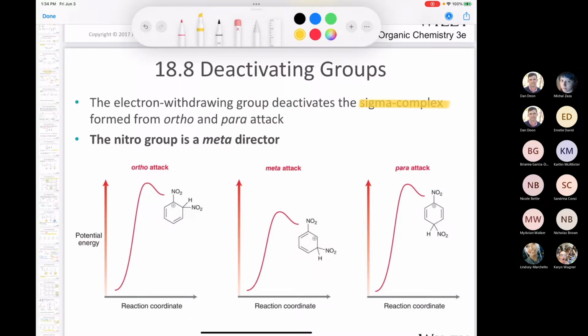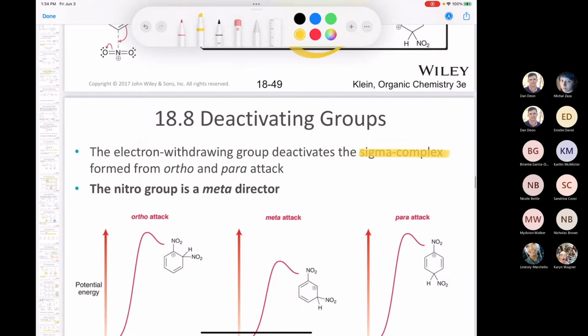Somebody asked a question in the chat, is there any process you could use to just get a specific unfavored product? Yes, there are some processes we can use, Nick. We can use what's called a blocking group, and we're actually going to cover that today. So let me give you an example since this is in your brain at the moment. All right, Nick, let's imagine you had cumene. Do you remember this molecule? Not drawn with a highlighter, but this one here.